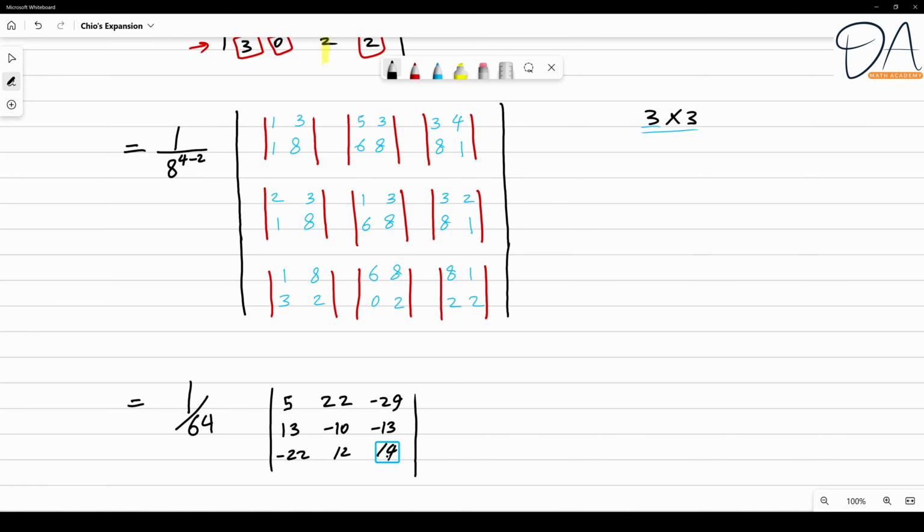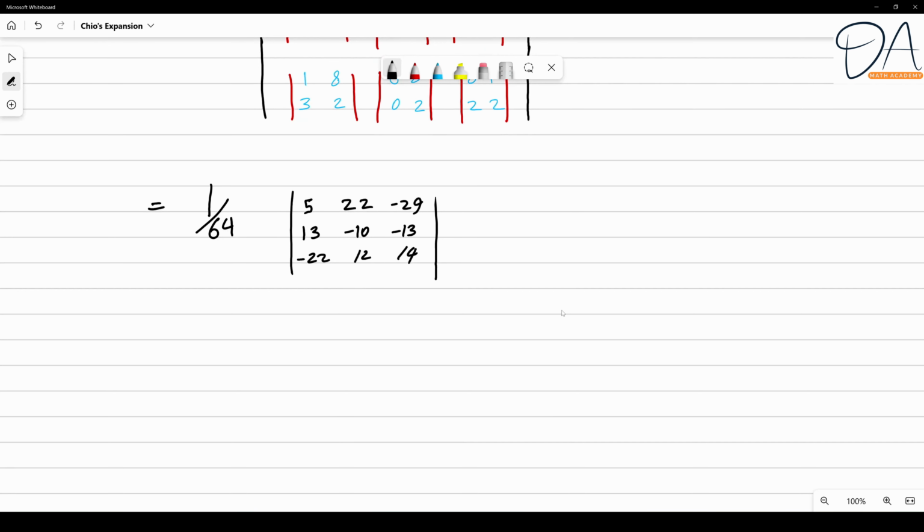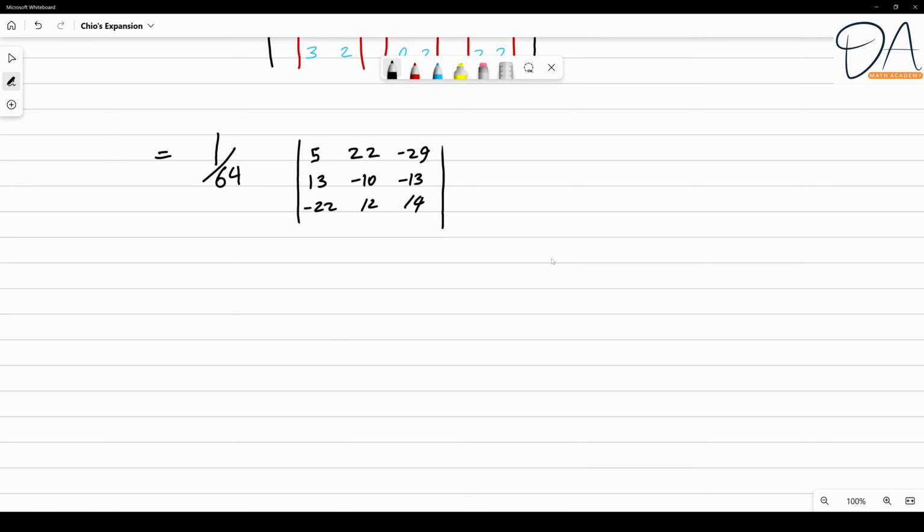We can again apply the same method to reduce it to 2 by 2. Or you may also want to use the shortcut to evaluate 3 by 3, but let's do it using the Chio expansions. So we have this 1 over 64. Now here again, we need to pick some pivot element. Let's say we're gonna pick this 22 as a pivot.